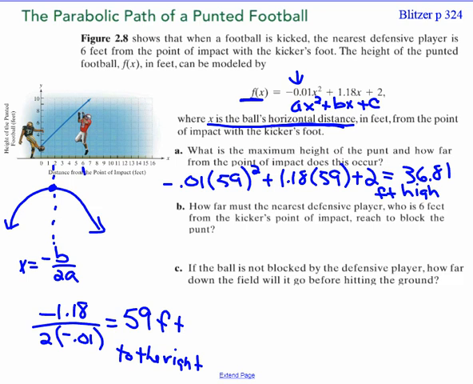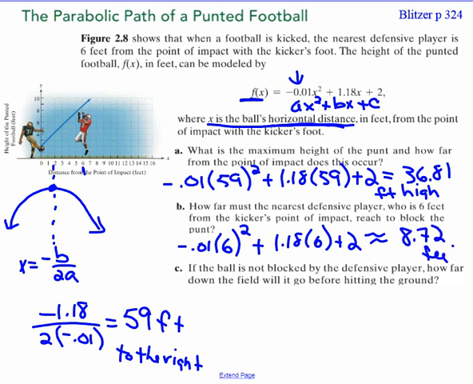So I'm trying to find the y, so I'm going to take my negative 0.01 and put my 6 into my equation, and I'm going to have my 1.18 times 6. And it turns out, if you calculate that, the defender would have to reach 8.72 feet high.